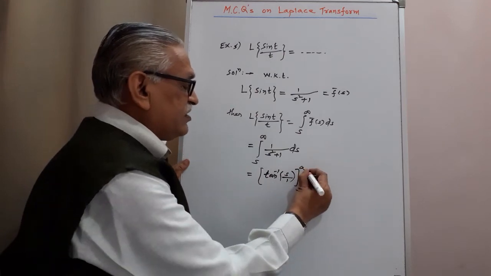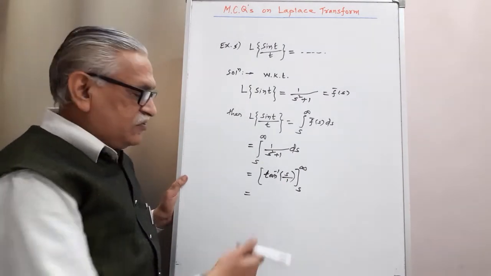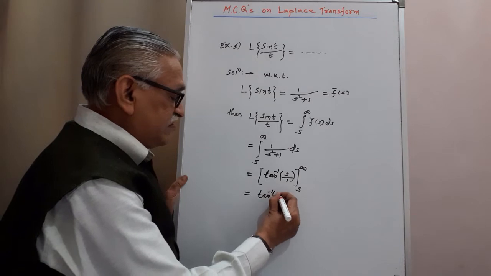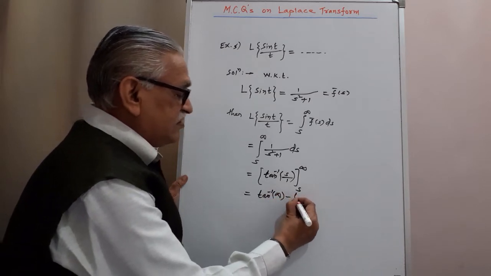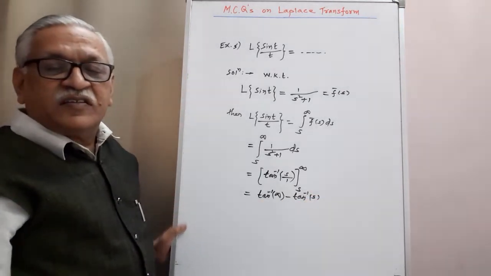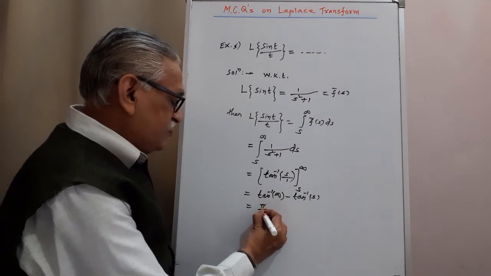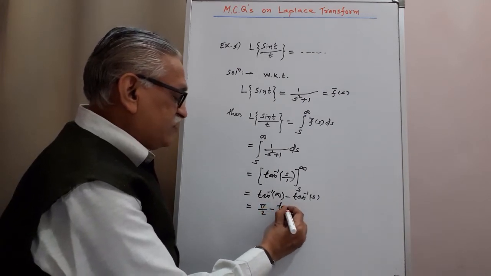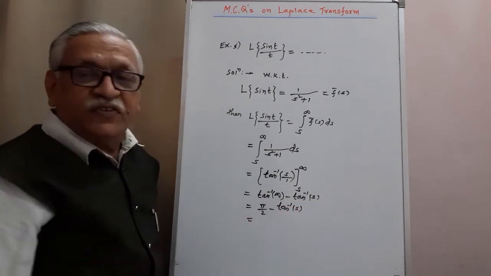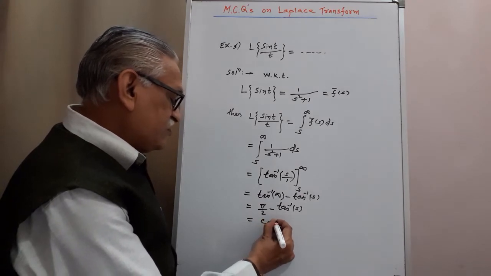limit from s to infinity. Substituting the upper limit as infinity and lower limit as s, we get tan inverse of infinity minus tan inverse of s. By the standard trigonometric result, tan inverse of infinity is pi by 2, so pi by 2 minus tan inverse of s, and pi by 2 minus tan inverse theta, all of you know, is cot inverse of s.